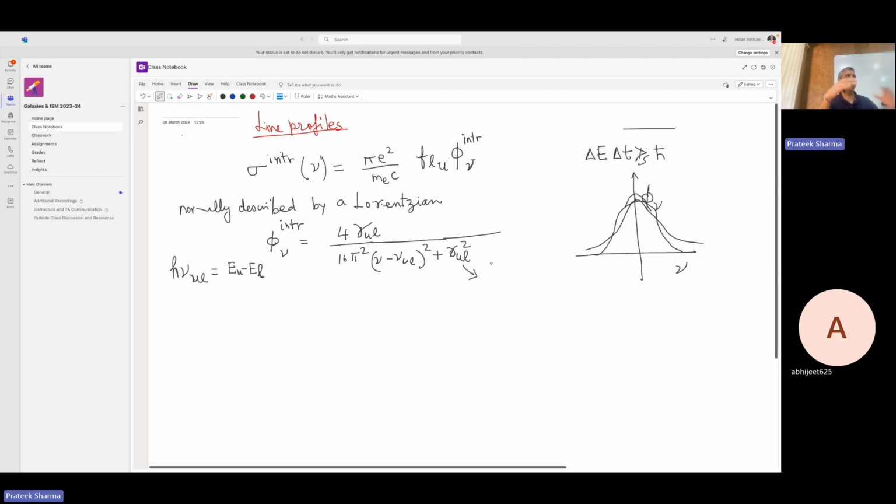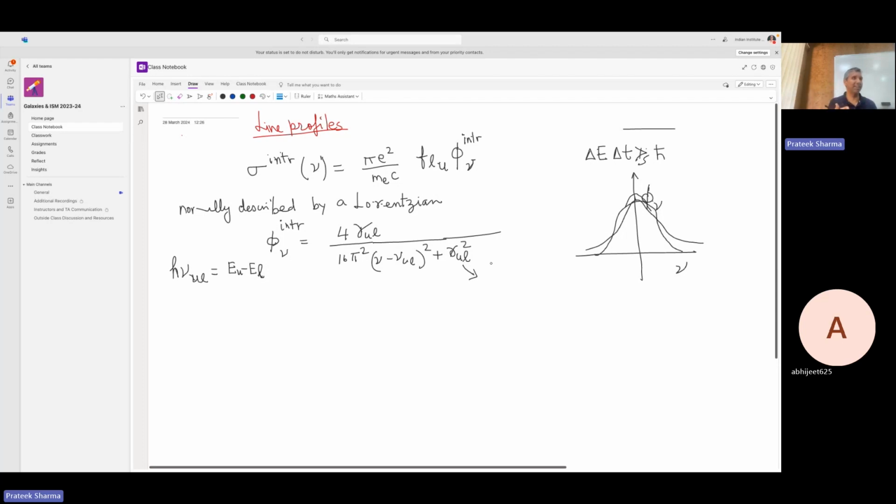If you recall your basic physics courses, take a model for an atom as a forced harmonic oscillator: x double dot plus gamma x dot plus omega naught squared x is equal to some forcing.